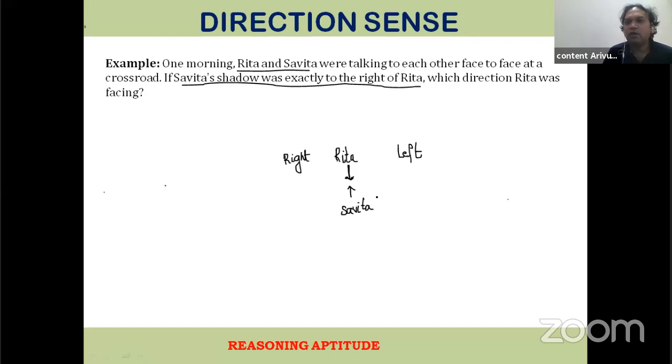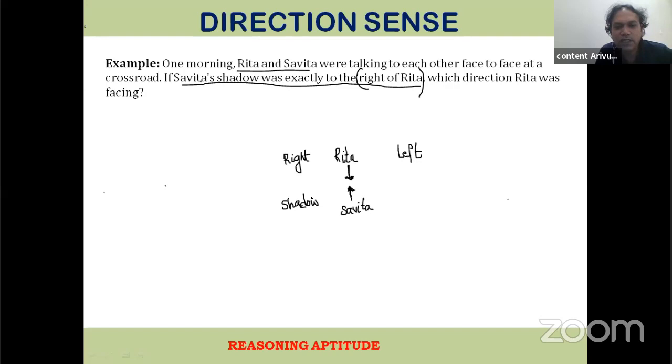If you're facing down, your right will be my left, and your left will be my right. So first thing we get to know is which side is right, which side is left. And Savita's shadow was exactly to the right of Rita. That means shadow is this side.